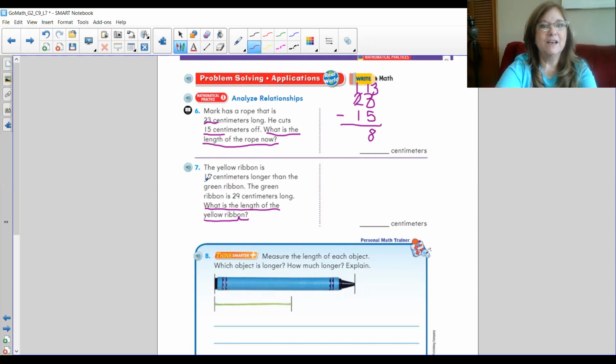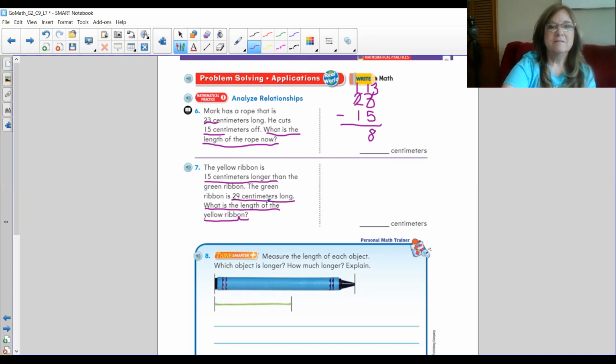It just says that the yellow ribbon is 15 centimeters longer than the green ribbon. And the green ribbon is 29 centimeters long. So what we need to do is, do you think we need to add or subtract?